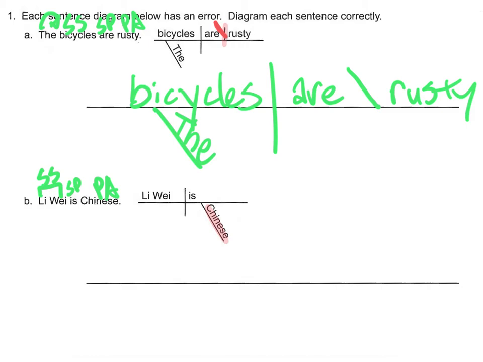And here's a pro tip for you. Linking verbs, like we discussed earlier, is, was, were, are, they never have a modifier. They never have a modifier. So this needs to go on the sentence base, and it needs to have that backslash pointing back to Lai Wei. So here is how we would diagram that.